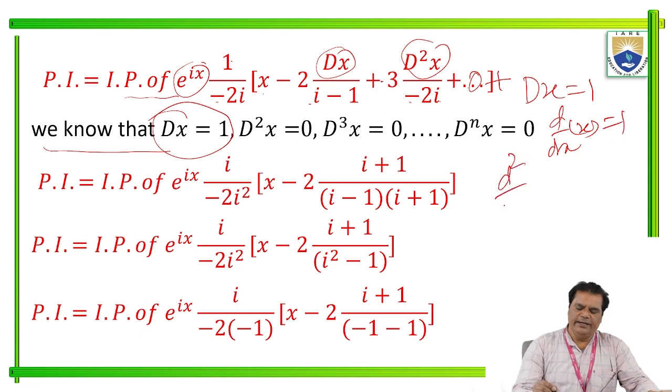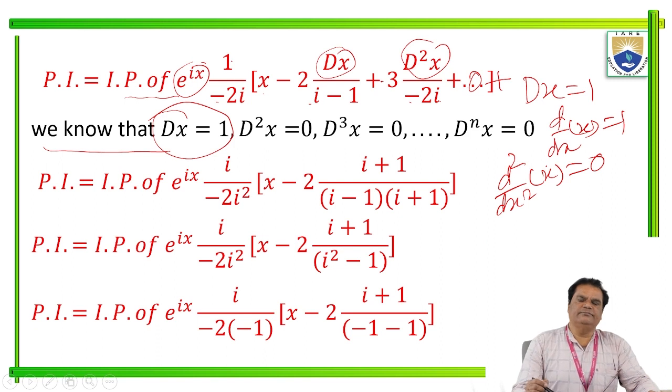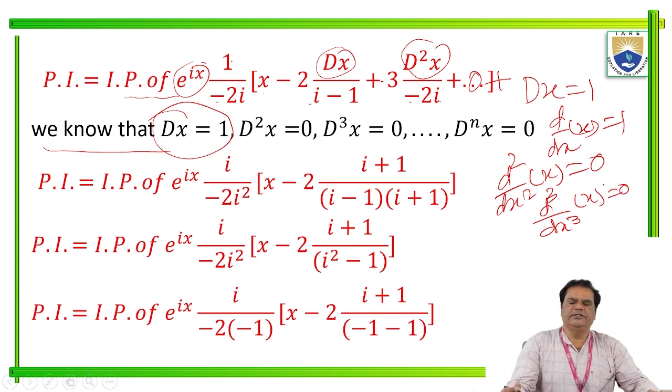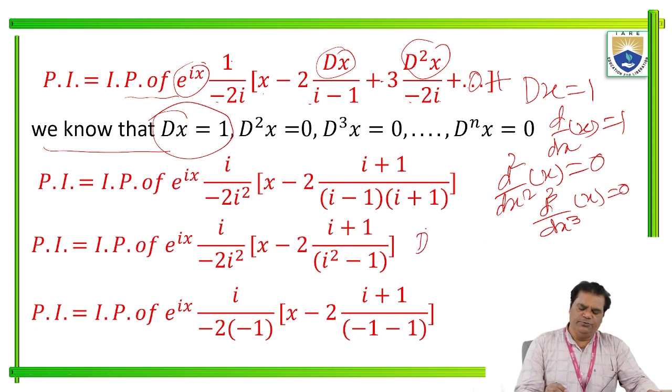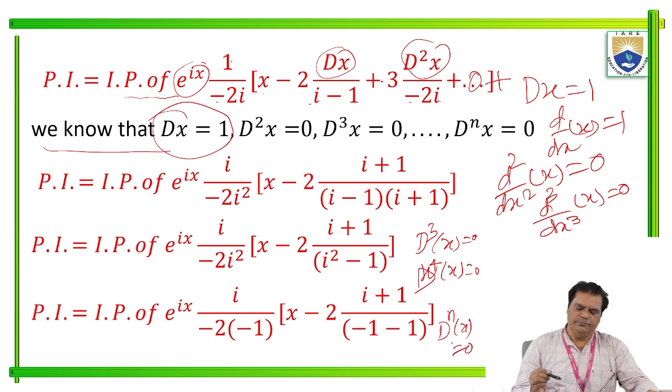And d2 over dx2 of x is 0. 2 times differential, 3 times differential, d3 over dx3 of x is 0. 3 times differential 0. So here D cube x is 0, D4 x is 0, and D to the power n x is 0.